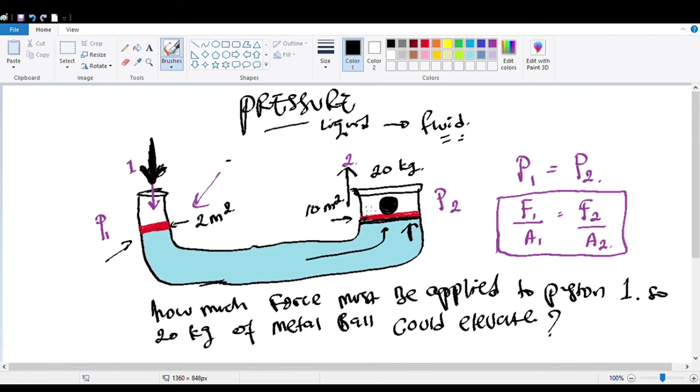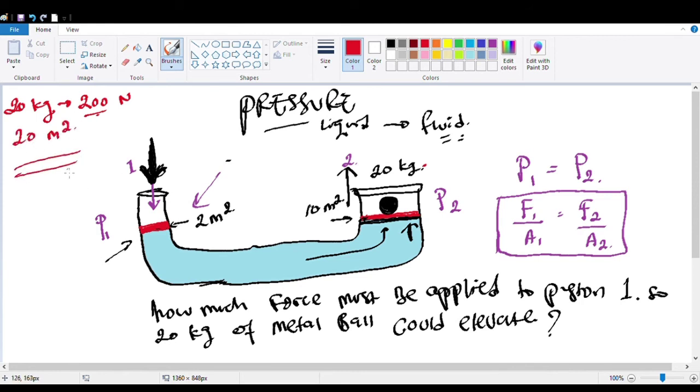So you have the data here. The mass of the ball is 20 kilograms. It also means that the force of this ball is 200 Newton, because we multiply by gravity. And we know that the area of opening 2 is 10 meters square.